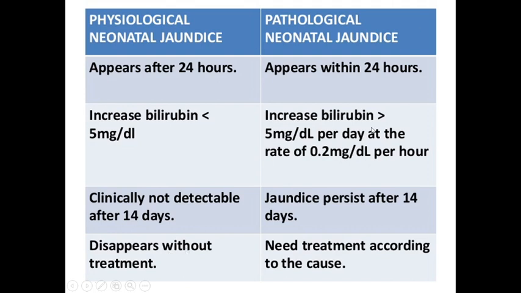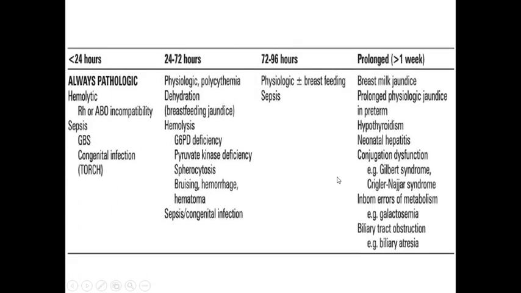But pathological jaundice is when the jaundice appears within the first 24 hours after birth and lasts for a long time, for more than 2 weeks. This is very dangerous because the blood bilirubin level keeps on increasing, and the condition does not subside on its own. So it has to be always treated.